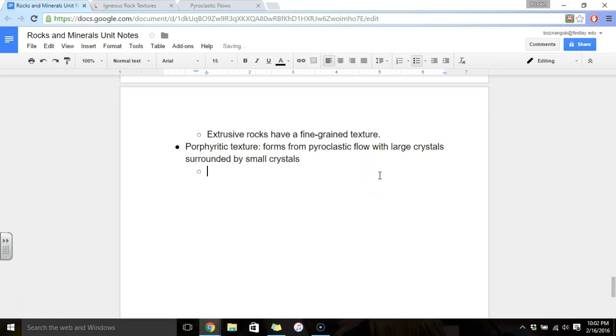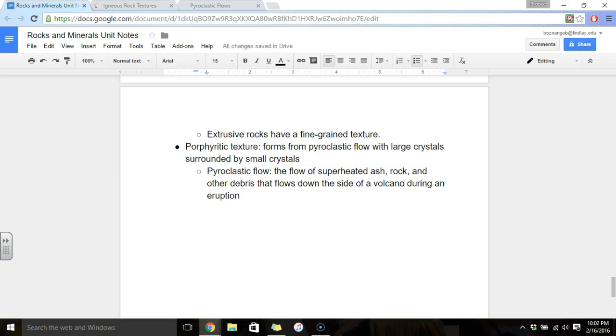Then I'm going to make sure that I define what pyroclastic flow is, because if you're anything like me, you're going to forget what it is. So a pyroclastic flow is the flow of superheated ash, rock, and other debris that flows down the side of a volcano during an eruption.